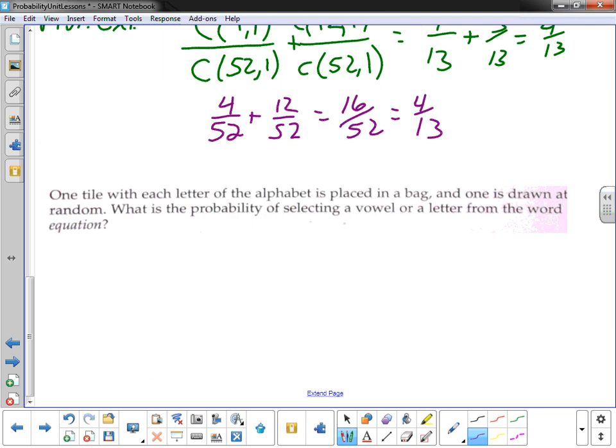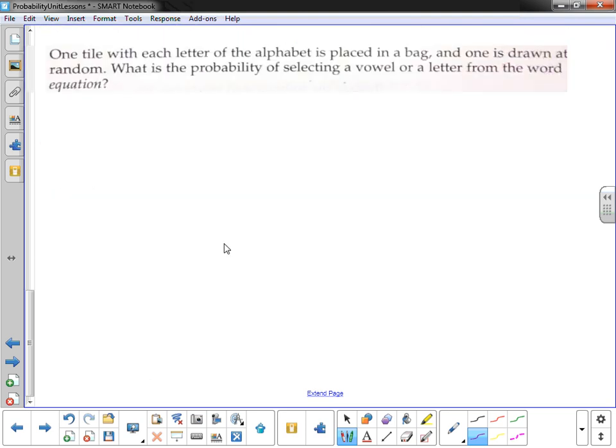All right, one last problem here. One tile with each letter of the alphabet is placed in a bag, and one is drawn at random. What is the probability of selecting a vowel or a letter from the word equation? When I look at this problem, I think to myself, the word equation has vowels in it, so it automatically tells me that this is inclusive.